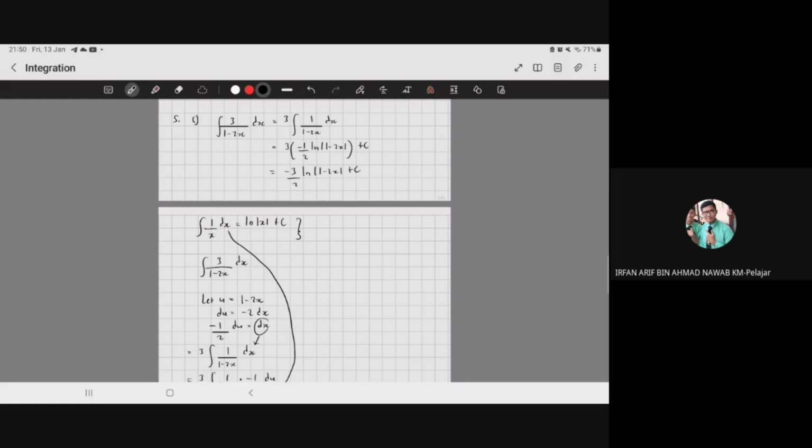All right, nice. So now let's go to integration of trigonometric functions, using the u substitution method.